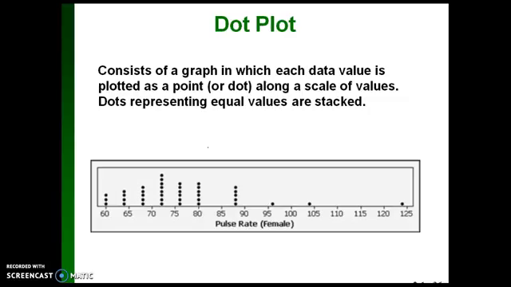We have something called a dot plot, which is sort of like a histogram that doesn't use classes. So you would draw your number line, and for every little piece of data that you kind of imaginarily pull out of the bag, you make a little dot. So if I were to go into the bag and pull a 60 out, I would say, oh, okay, I got a 60, and make a little dot.